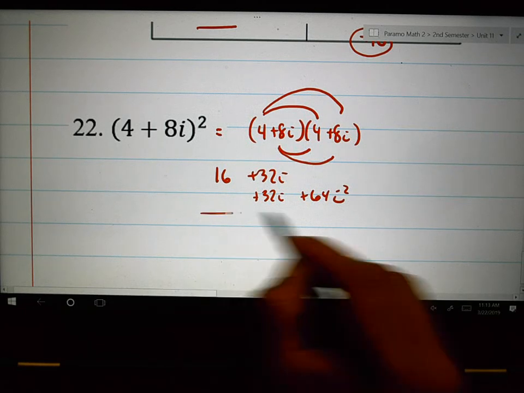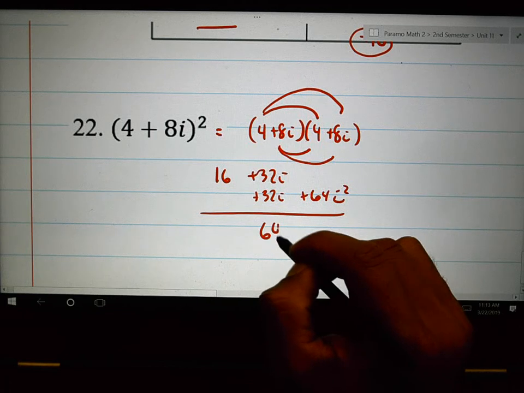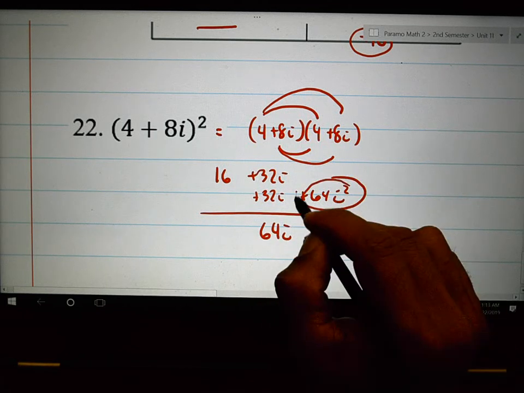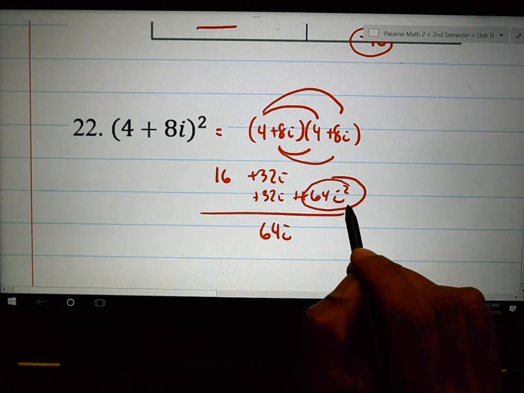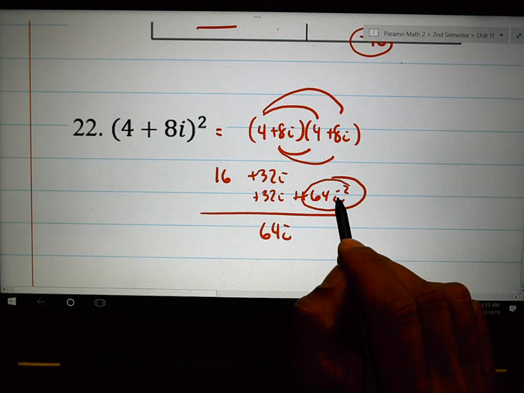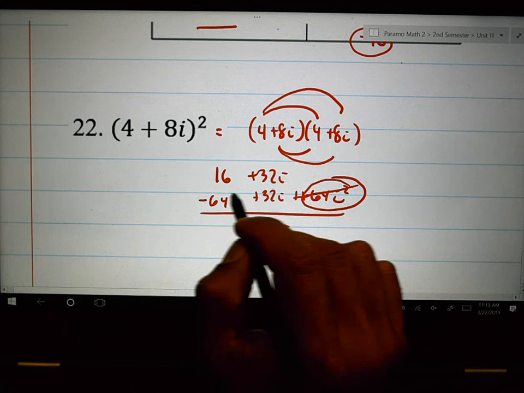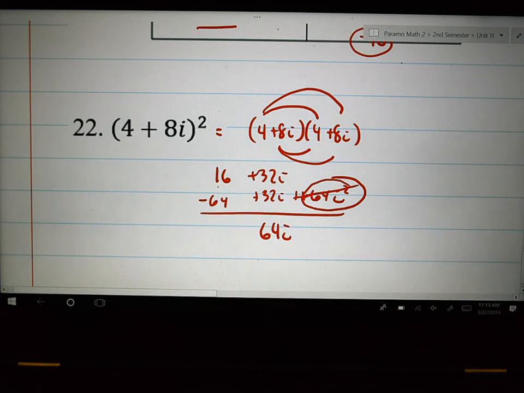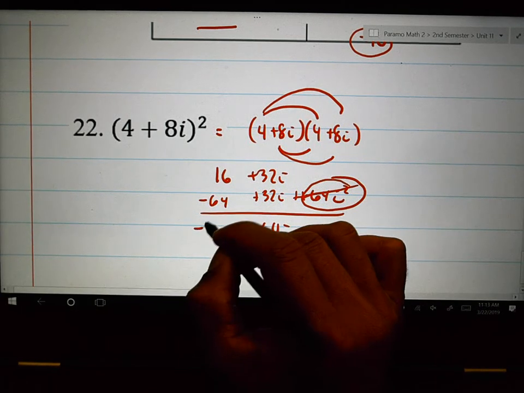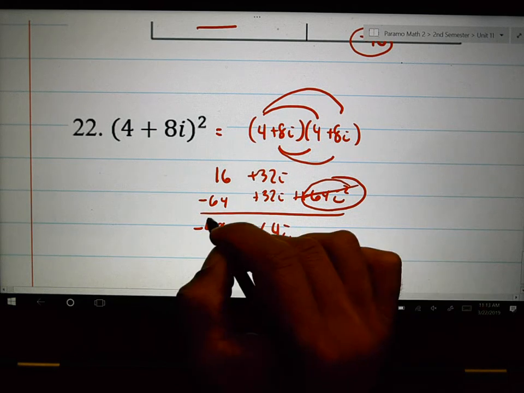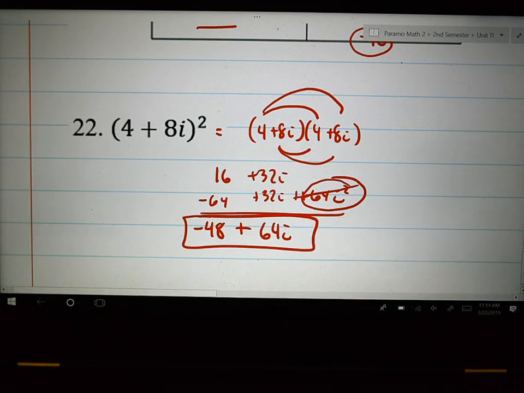Now these two in the middle will go together, which is 64i, but something happens with this plus 64i squared. i squared turns into negative 1. 64 times negative 1 makes negative 64. So what I usually will do is put the negative 64 with that 16. 16 minus 64 on my calculator is negative 48. And there is my final answer. I'm going to stop your notes right there.